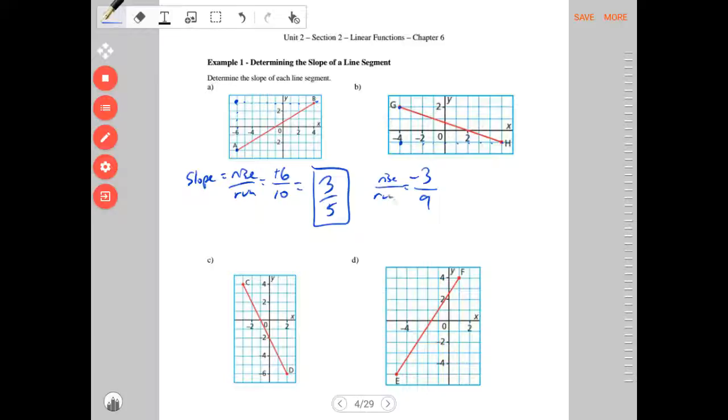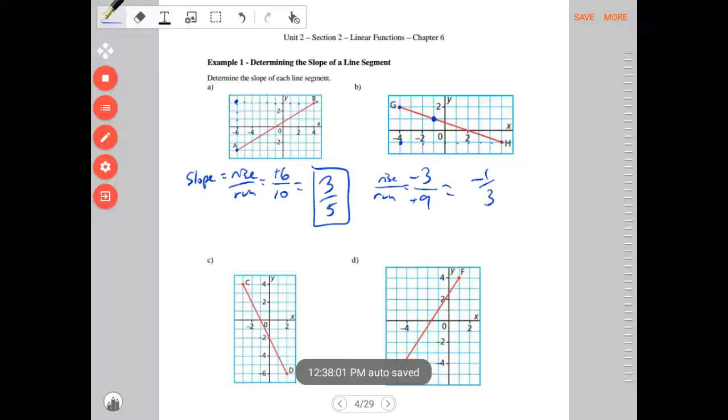So the run is plus 9. So I have negative 3 over positive 9. That reduces to negative 1/3. And if we start at G and go down 1 and right 3, oh look, we hit another perfect point. So we could have used those. We don't have to go to the end points.